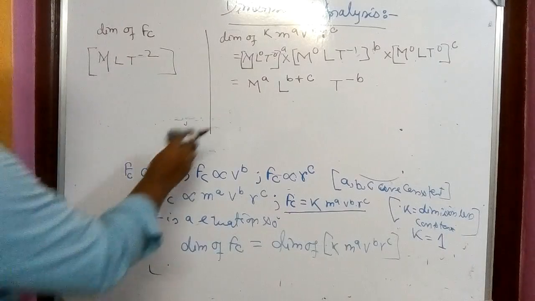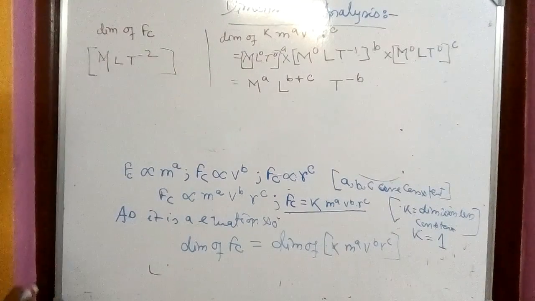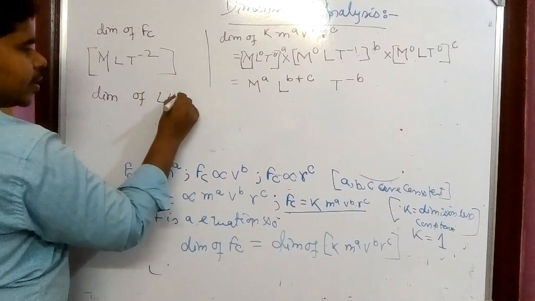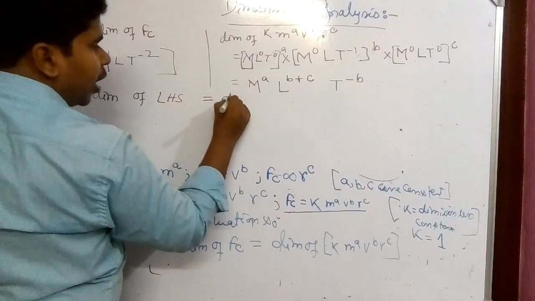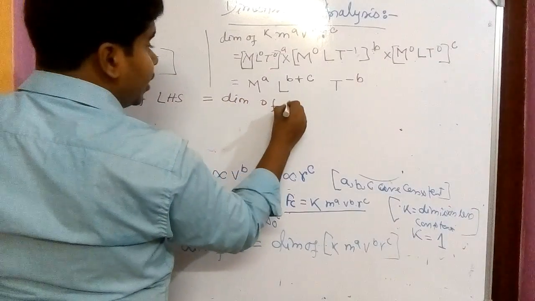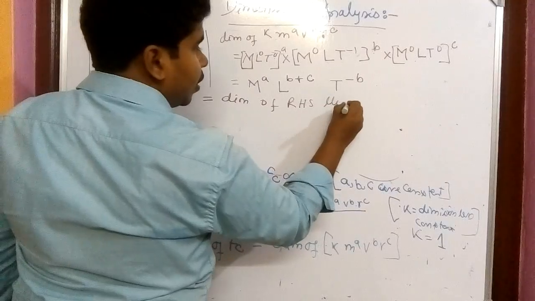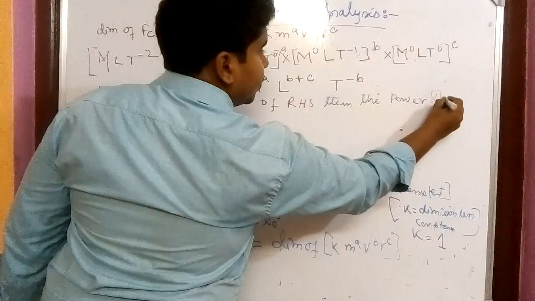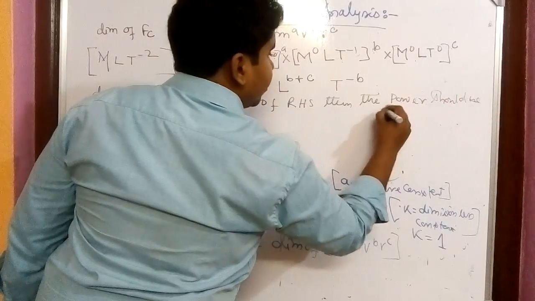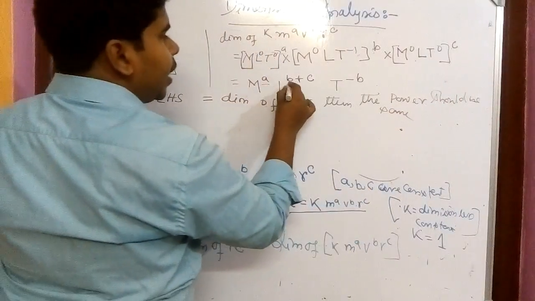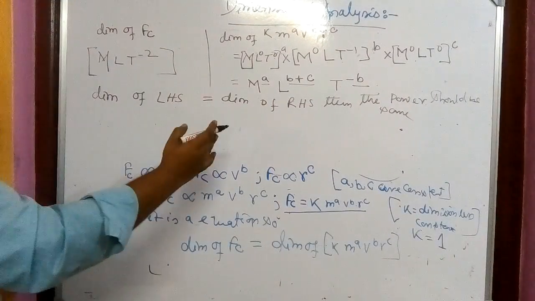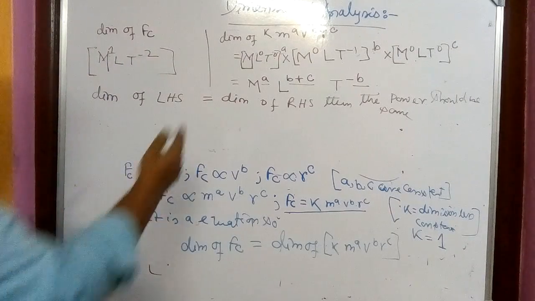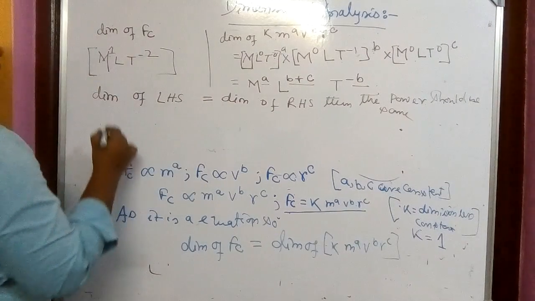Now, if it is an equation, the dimension should be same. So if the dimension of LHS equals the dimension of RHS, then the powers should be same. Power means this A, B plus C, minus B. This power should be same with this. Here you see M to the power 1. Nothing means 1. So here we can say M to the power A, here it is M to the power 1.